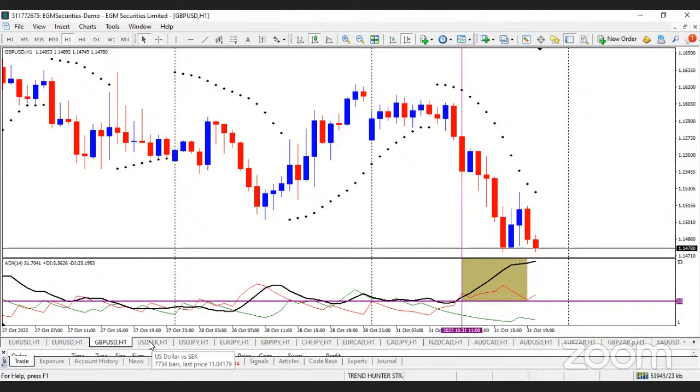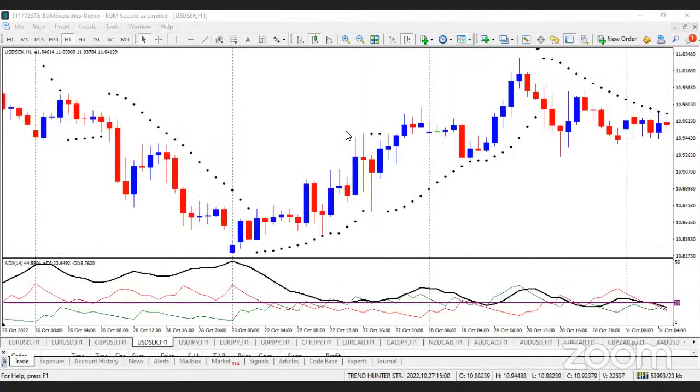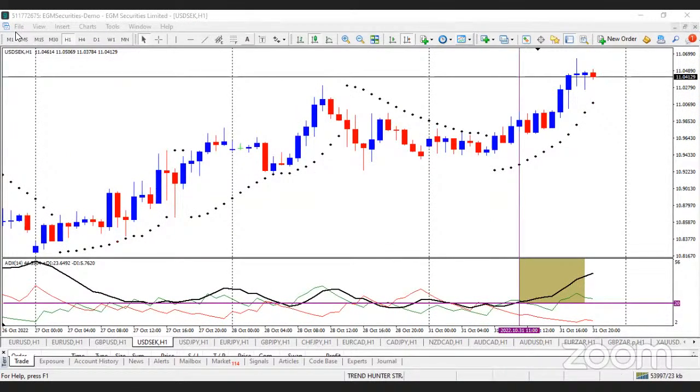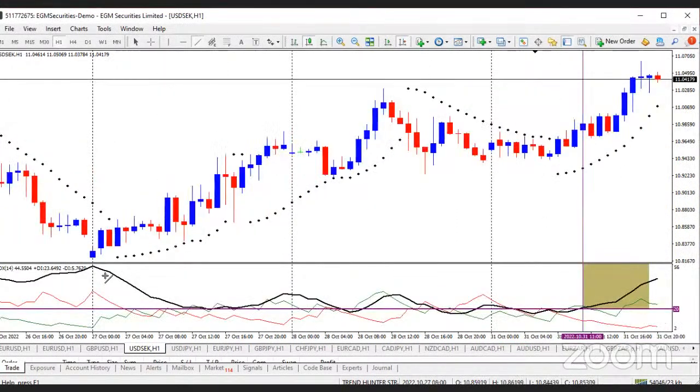Then the last pair that you could have traded is the dollar against the Swedish krona. If you look at the general trajectory, we have a bullish trend. Since last week, the pair has been on a bullish run. Just trying to pick the trend line. From the 27th, you'll notice that price has been on the rise, generally on a bull run.